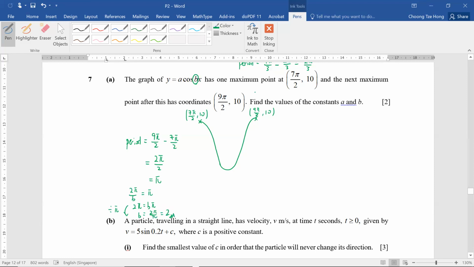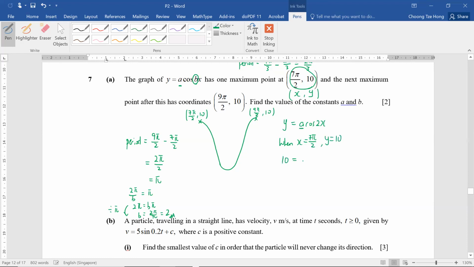Now we need to find the value of a, but it's actually very easy to find. Now that we know b is 2, we can write out the equation as this already. We only have one unknown, a, over here. So all we need to do is just sub in one pair of points. So this is x, this is y. When x equals 7 pi over 2, y will be 10.